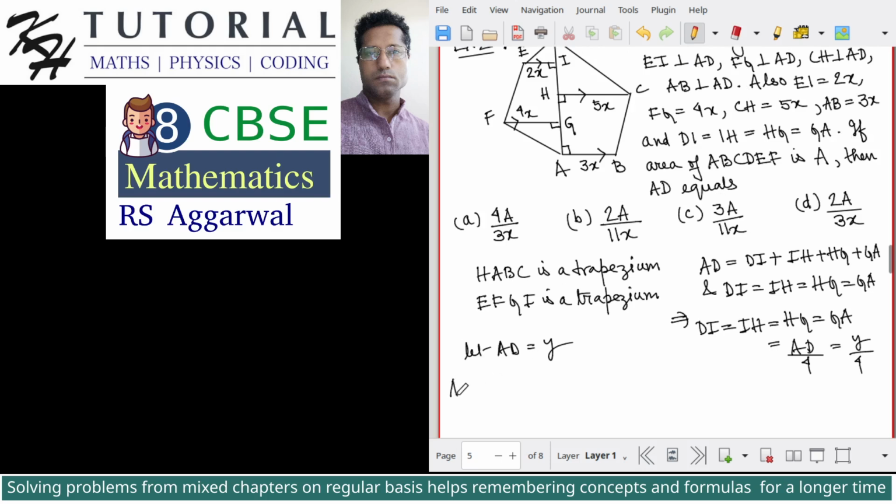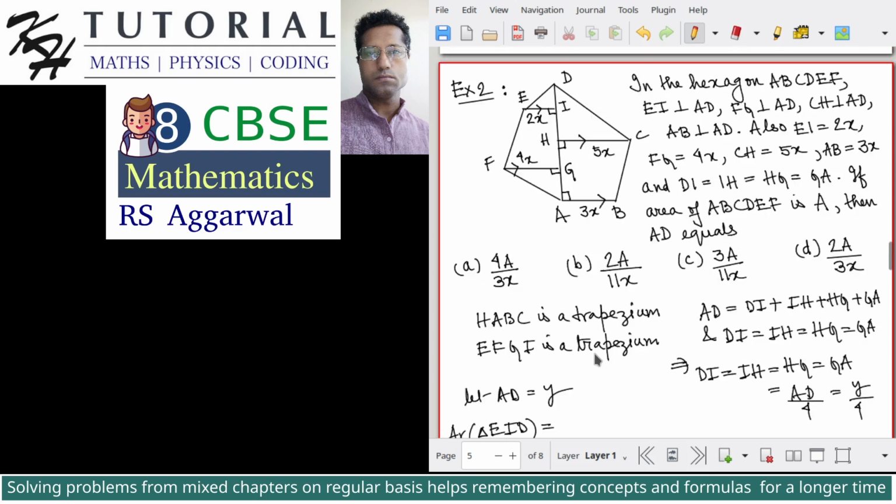The area of triangle EID will be half multiplied by the altitude, which is EI, 2x, multiplied by the base ID, which is y by 4.